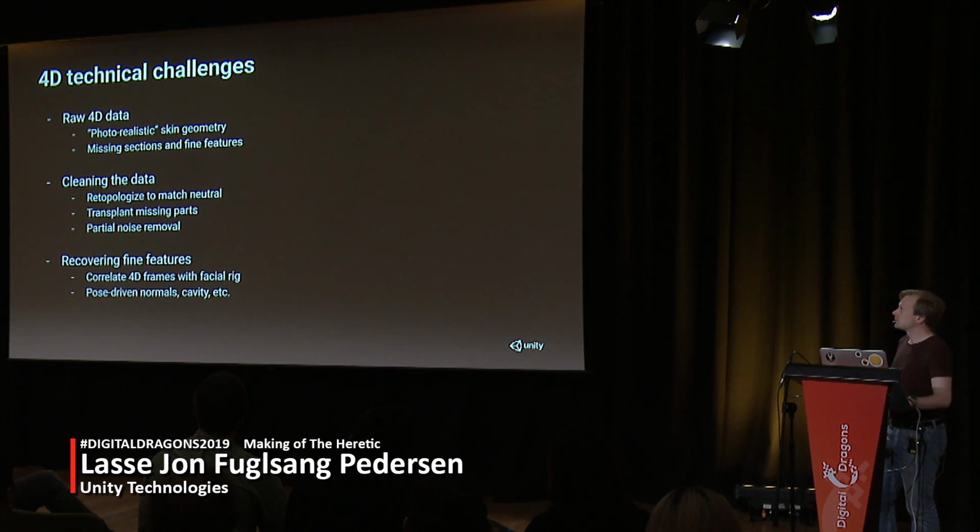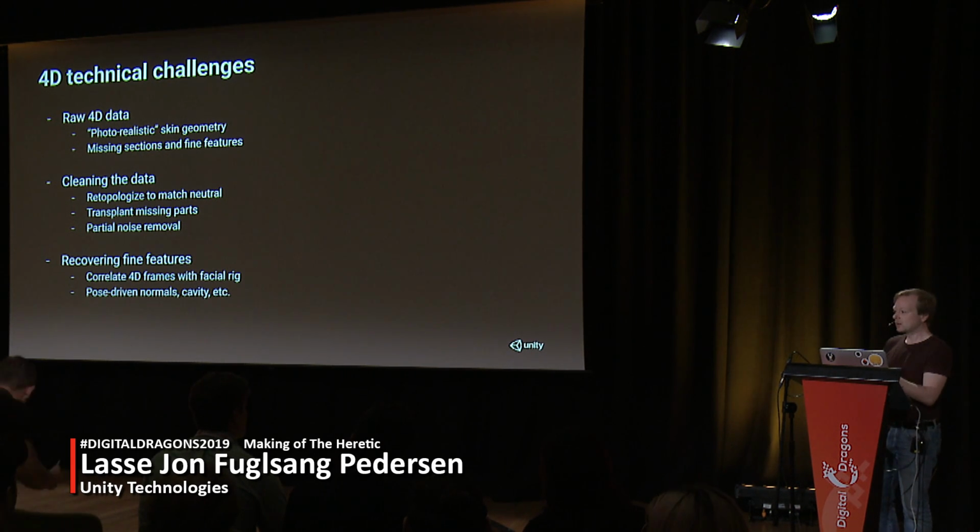First of all, the raw 4D data has this photorealistic skin geometry. That's great, but it also has a lot of missing sections, and it's also missing fine features. When you do a conventional 3D scan in a light stage, you have the option of having multiple captures of the same pose, maybe different exposure times, maybe different equipment, so you're able to have much more detail in the normal maps, and you can also delight the albedos much more accurately.